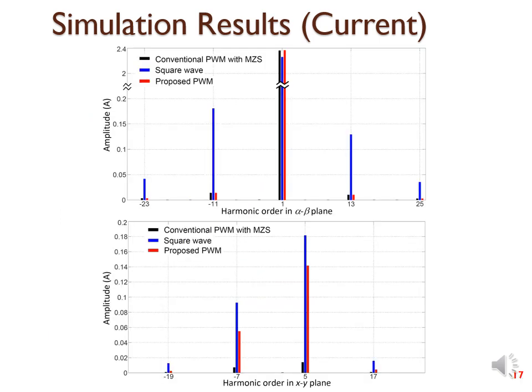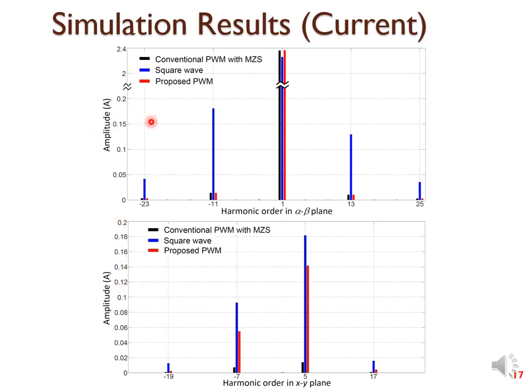This is the complex spectrum of the current vectors in the alpha, beta, and XY planes for the different switching methods. It can be observed that both the square wave and proposed PWM have some harmonics in the XY plane in order to maximize the DC-link utilization, but their magnitude is moderate thanks to the attenuation of the XY filter.